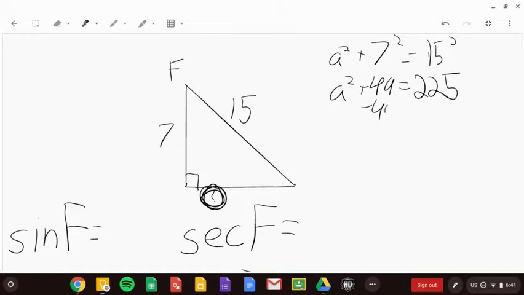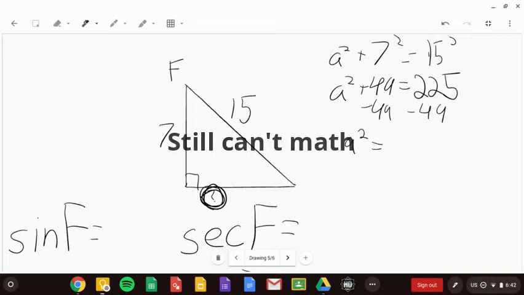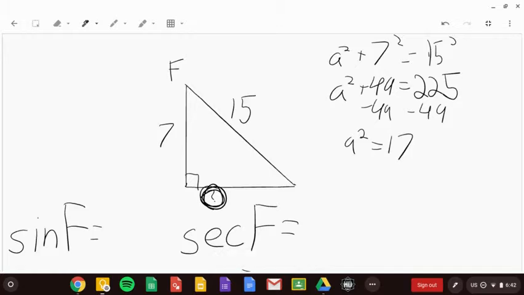Subtract that over and we get 176. And we square root that.